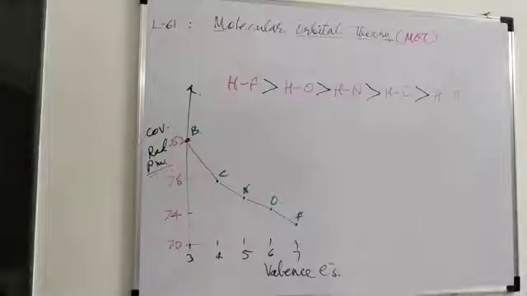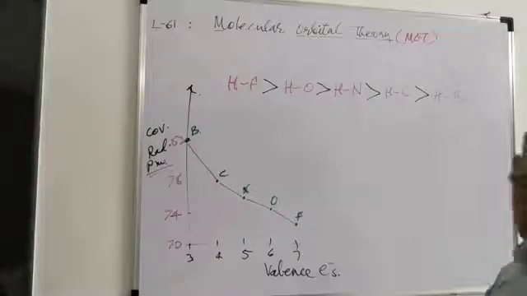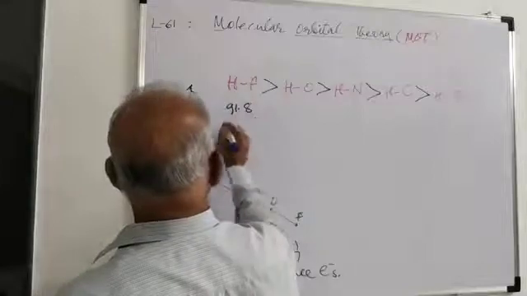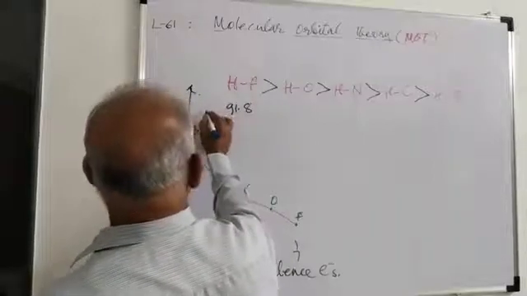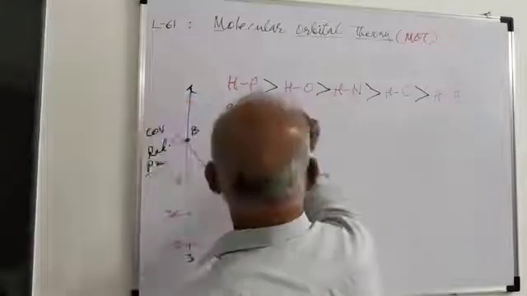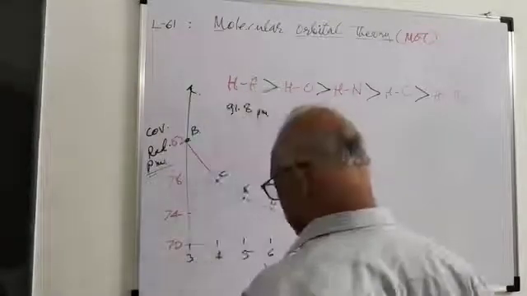So if we observe the actual values of these bond distances in pm, the values are 91.8. These are in picometer. Then it is 96 in H2O, that is the OH bond.